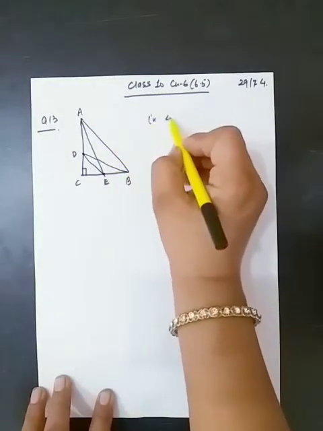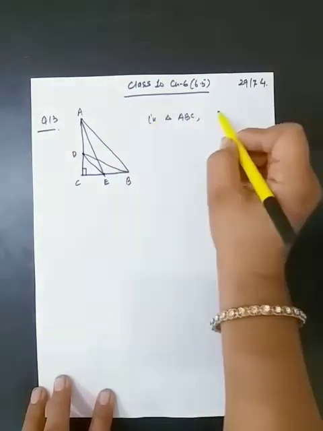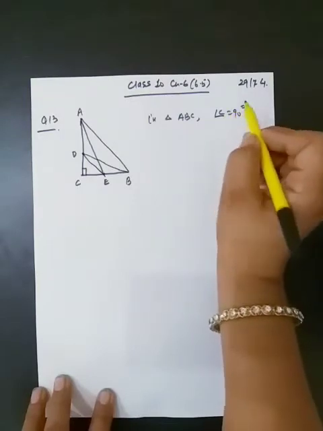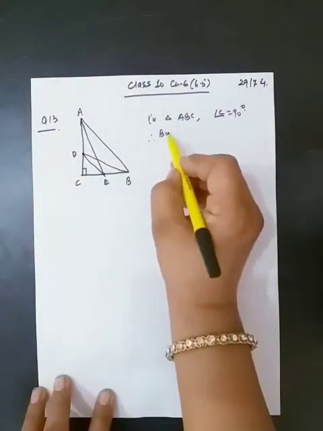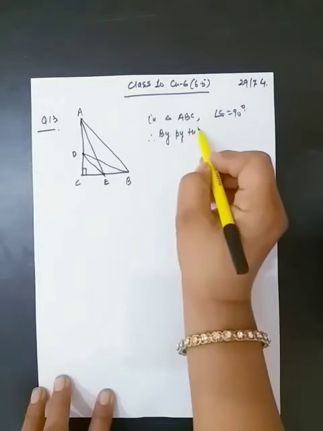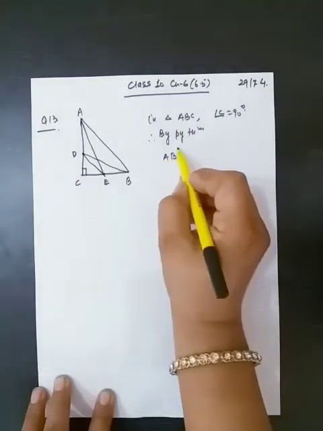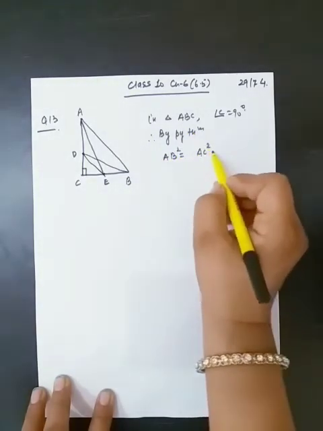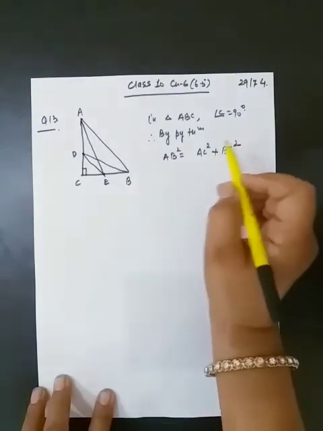Here in triangle ABC, angle C is of 90 degree. Therefore, by Pythagoras theorem, we can write AB square is equal to AC square plus BC square.